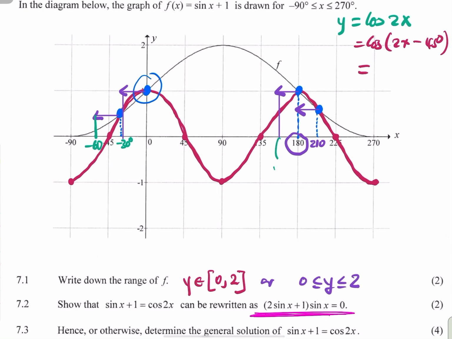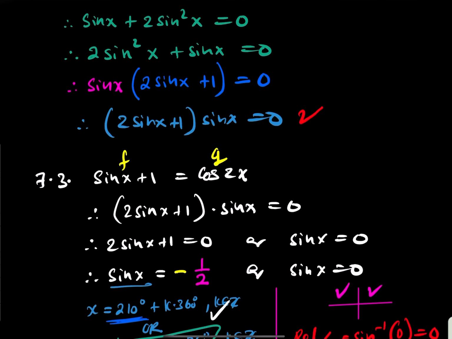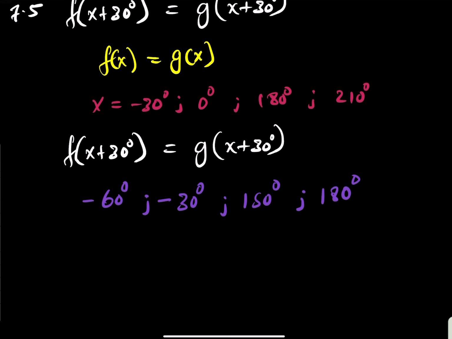So that is 150 degrees. And then 180, we got it from 210 to 180. It's basically from this particular point here to this side by 30 units, it's 180. So it's those values that I got here.